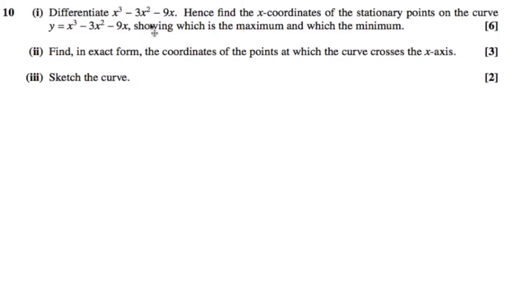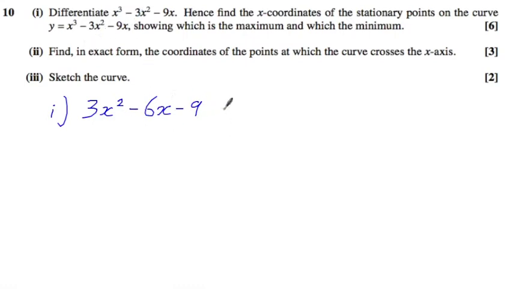Right, question 10. First of all, differentiate x cubed minus 3x squared minus 9x. Let's do that. So 3x squared minus 6x minus 9. Hence find the x coordinates of the stationary points of the curve y equals x cubed minus 3x squared minus 9x. Show which is a maximum, which is a minimum.